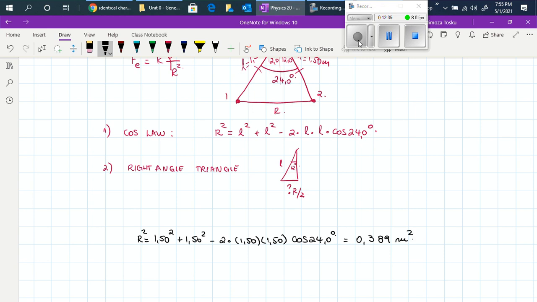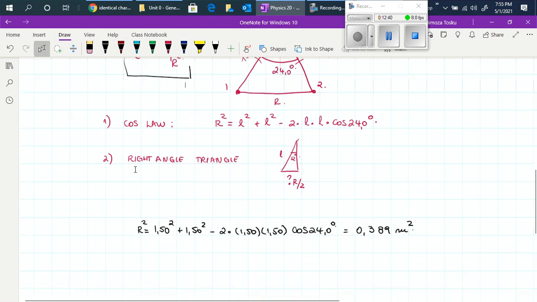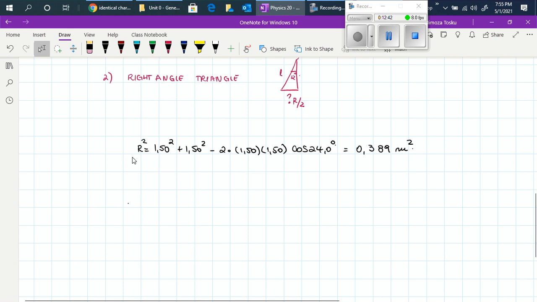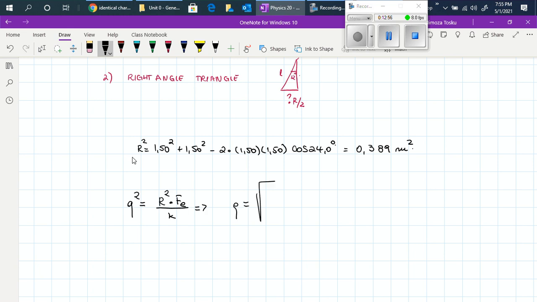So now in Coulomb's law, we can find that charge squared is equal to R squared times electrostatic force over Coulomb's constant. So Q is the square root of R squared times electrostatic force over Coulomb's constant.